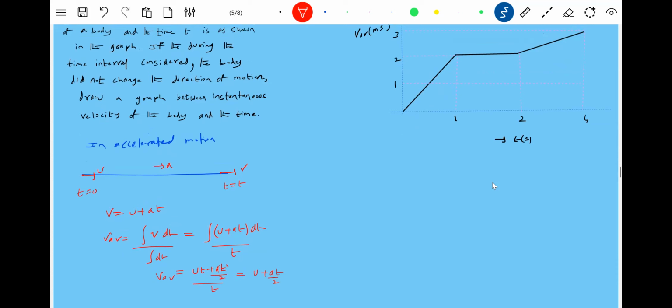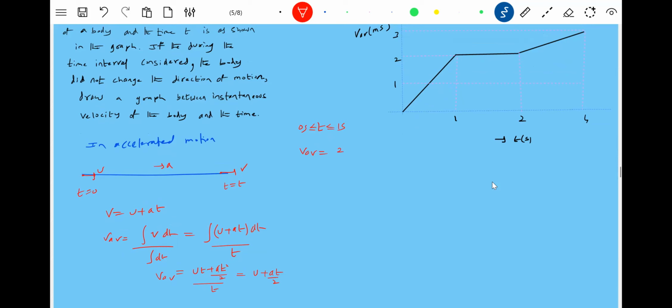So this is an expression for average velocity as a function of time. So let's break up this problem for the time interval, the average velocity as a function of time.